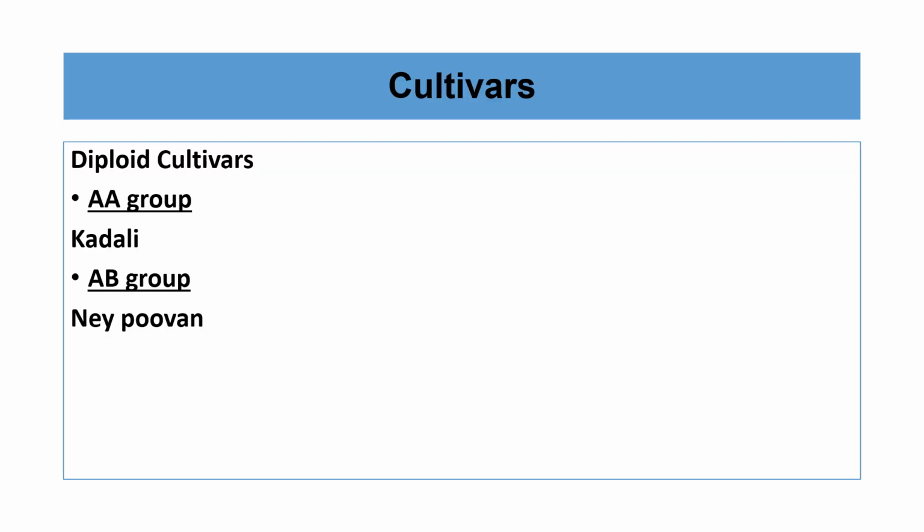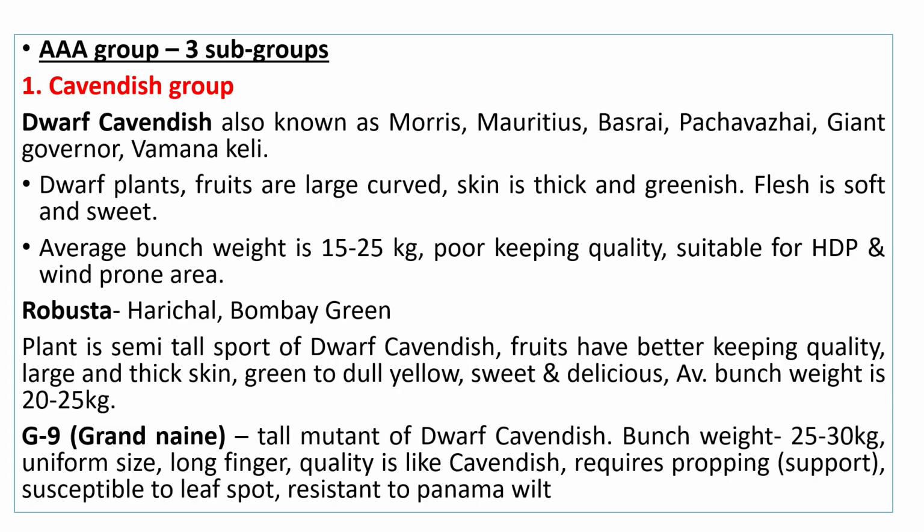So coming to the cultivars, diploid cultivars: AA group, which includes Kadali. Then AB group, which includes Namaran. Then AAA group, which has three main subgroups: Cavendish group, Red Banana group, and Rajabale group. Coming to the Cavendish group, this includes dwarf Cavendish.